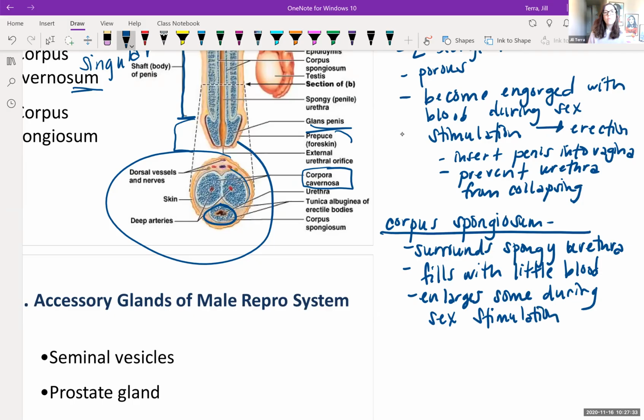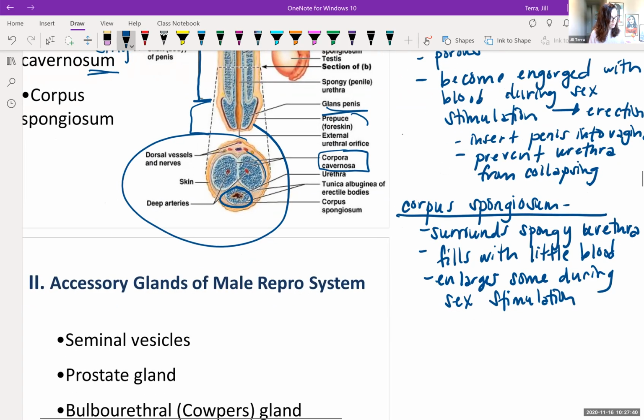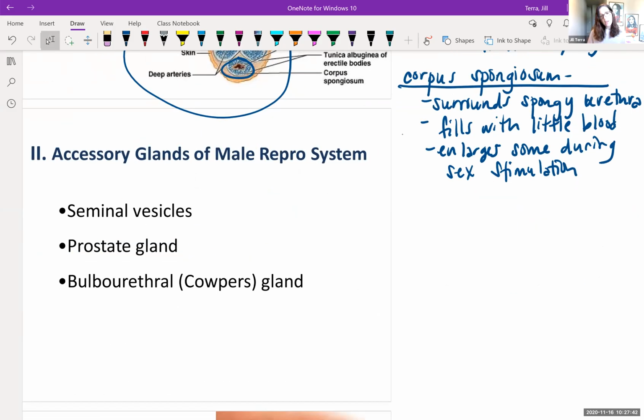Okay, so I want to move on and talk about the accessory glands of the male reproductive system. There are 3 different glands that are part of the male reproductive system, and 2 out of the 3 make secretions that contribute to the ejaculate.